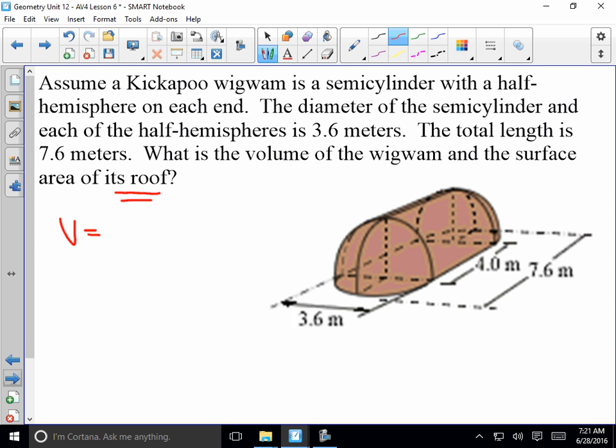So in our volume situation here for this wigwam, what we see is we've got two pieces on the ends that would come together to be a hemisphere. So remember our volume formula for a hemisphere: 1/2 of 4/3 pi r cubed. So we would have 2/3 pi r cubed for the volume of that hemisphere when I bring the two ends together.